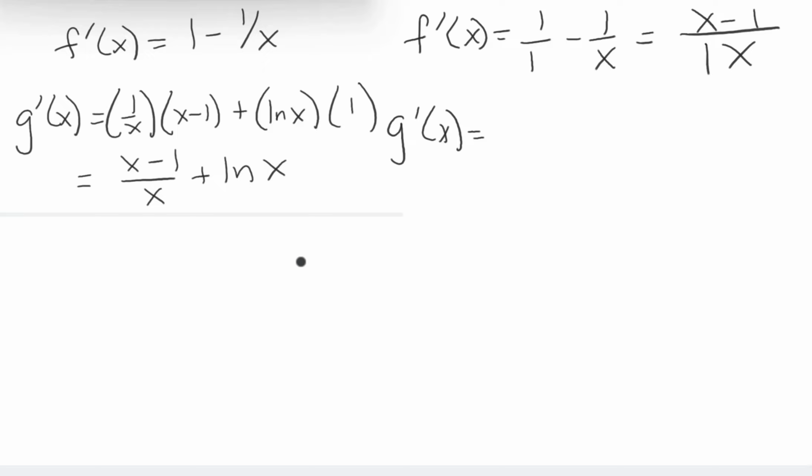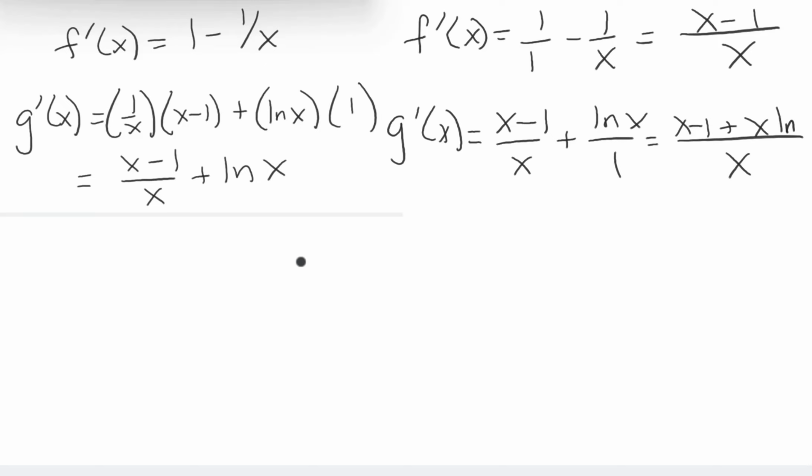Well, I could put a 1 there, but that doesn't really matter. Now the same thing in this one. I have x minus 1 over x plus ln of x over 1. My common denominator is still x. So I have x minus 1, and now I've got to multiply that one by x. So x times ln of x.